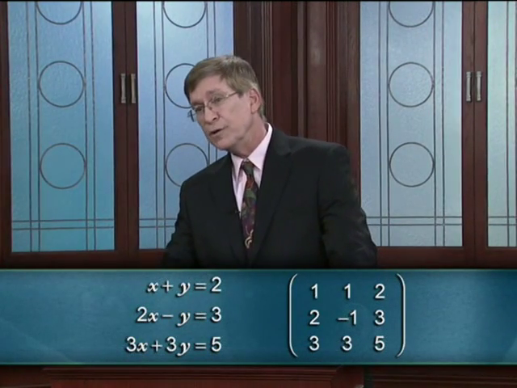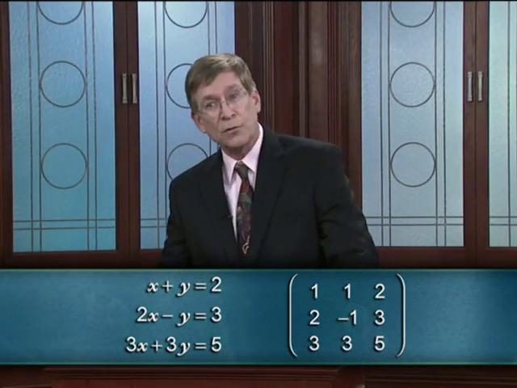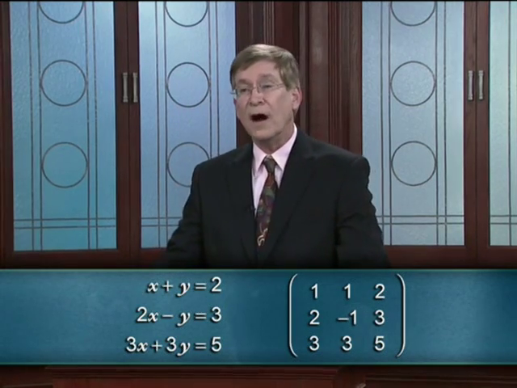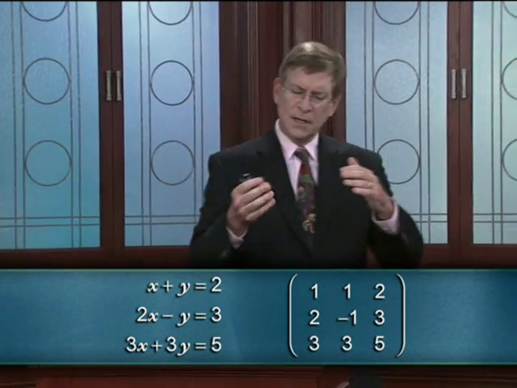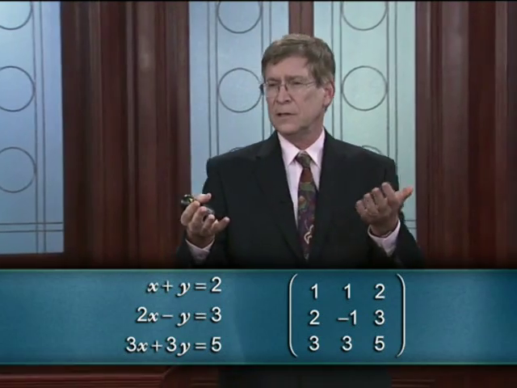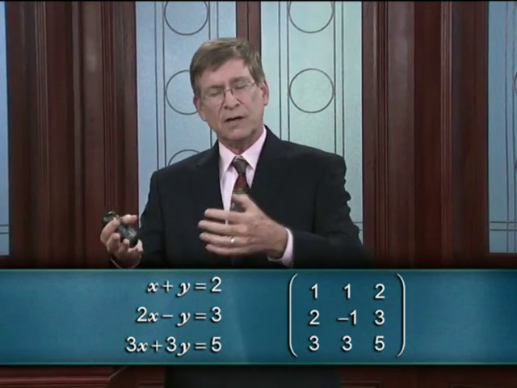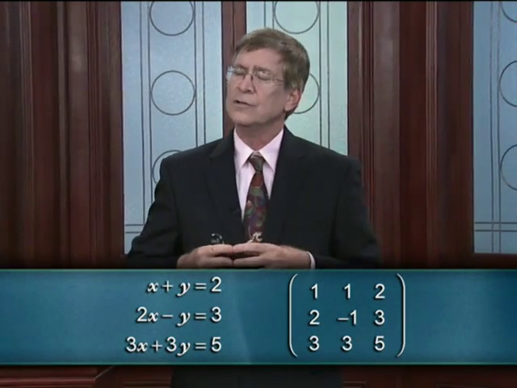Suppose I said the following. The matrix is a 3 by 3 matrix, meaning it has 3 rows and 3 columns, and the numbers are 1, 1, 2 in the first row, 2, minus 1, 3, and then 3, 3, 5. I claim that that could be interpreted as the matrix of a linear system of equations.